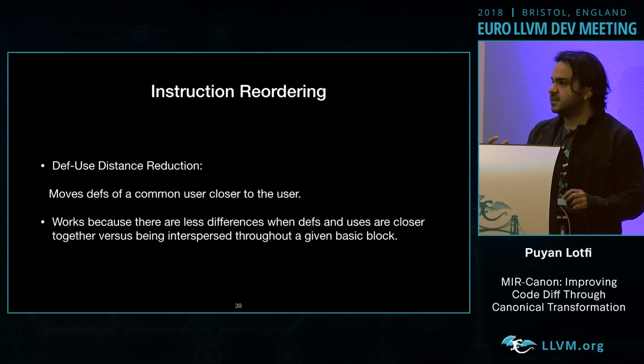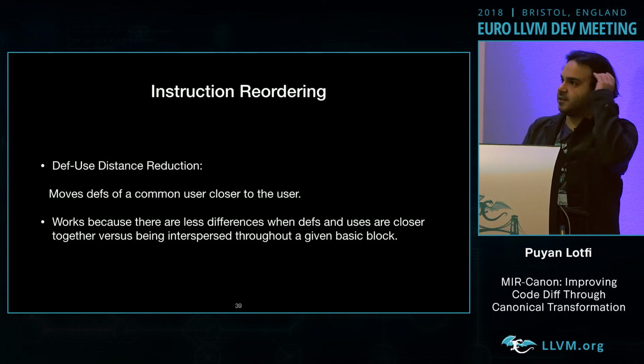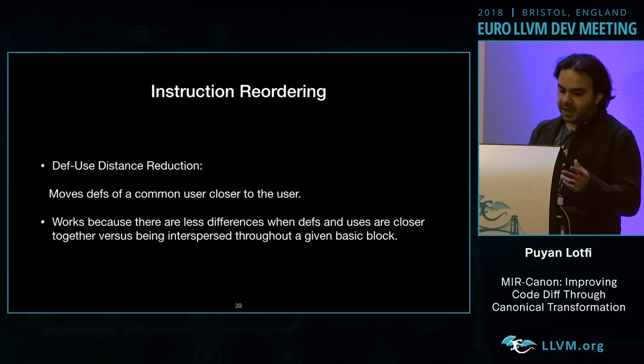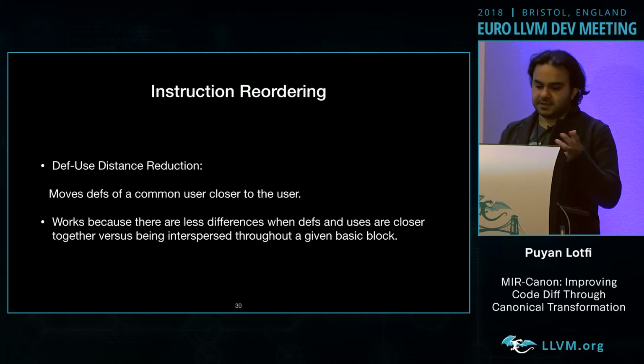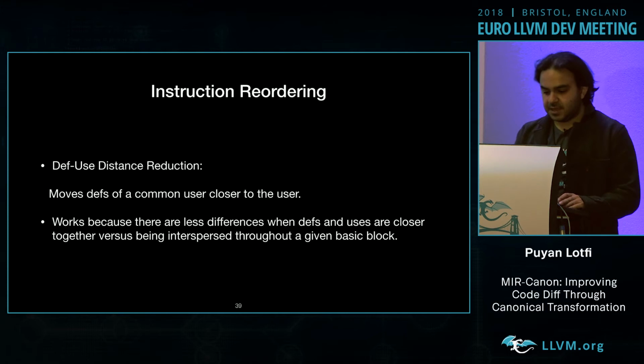The idea is that these defs only need to be just before the user for semantics to be preserved, and otherwise, they could be interspersed anywhere in the basic block. By moving them closer, we're limiting the amount of variation that could exist, thereby reducing the difference between two MIR files if we move them all to the same place.